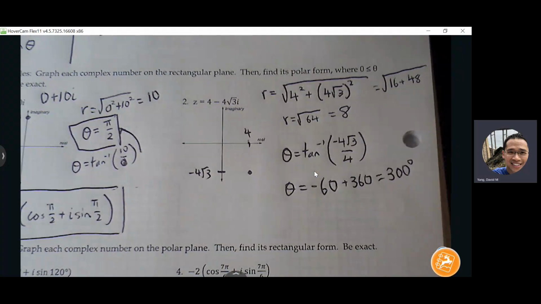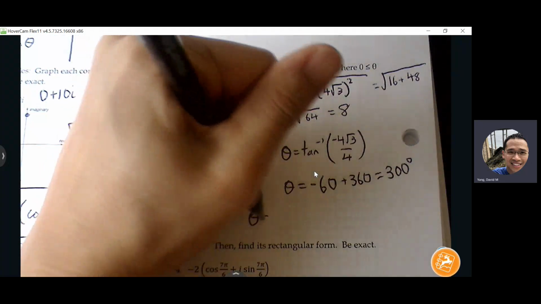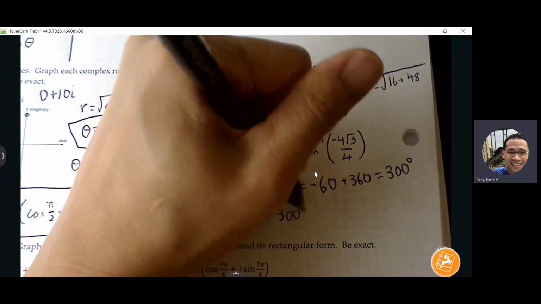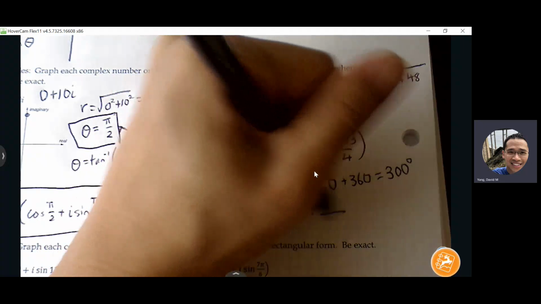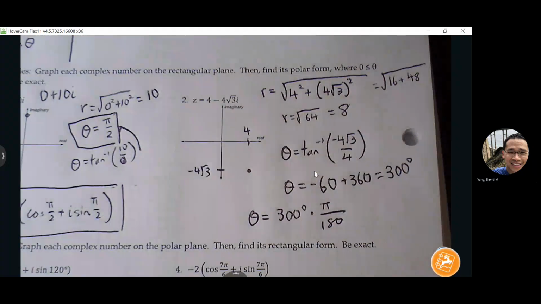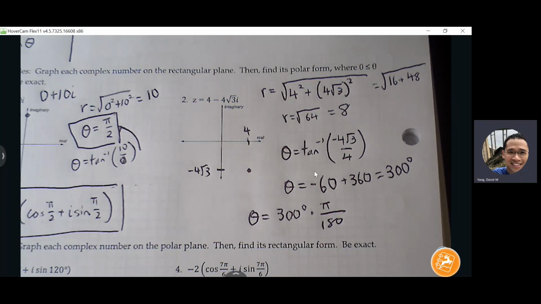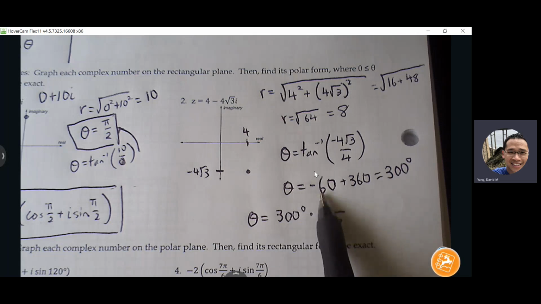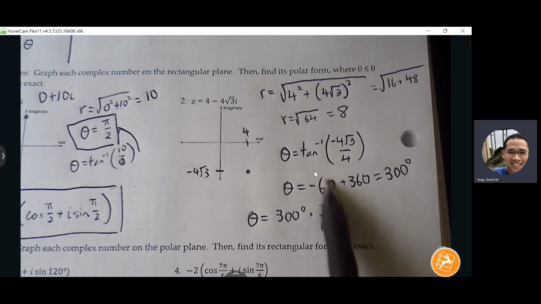Now to convert from degrees to radians, you're going to involve 180. So this is how you do it. You do 300 degrees, and you want degrees to cancel out, so you do pi over 180. This is from a previous unit. But you can also just rely on unit circle values, right? You know that 300 degrees is that fourth quadrant 60-degree measure.